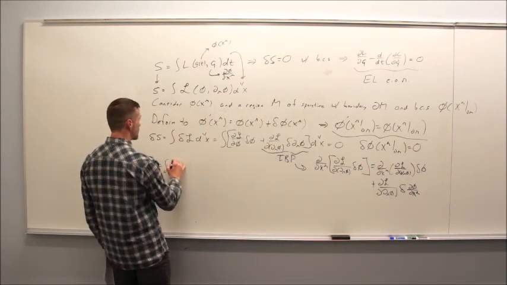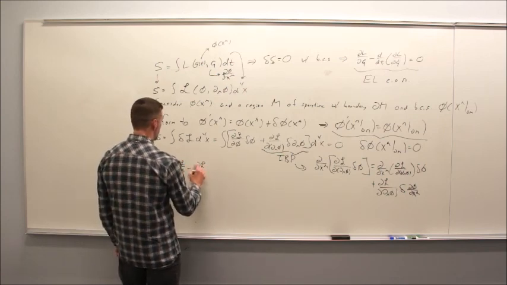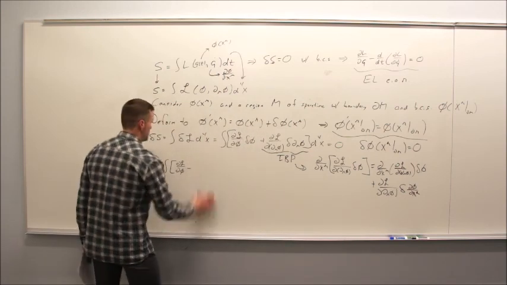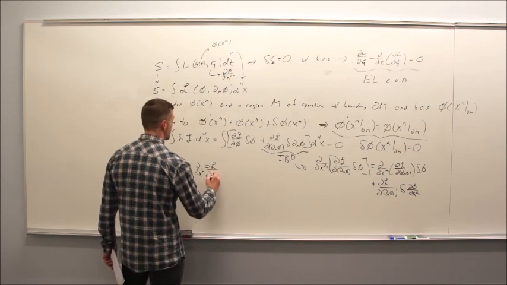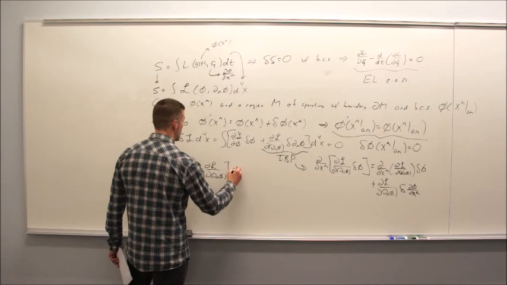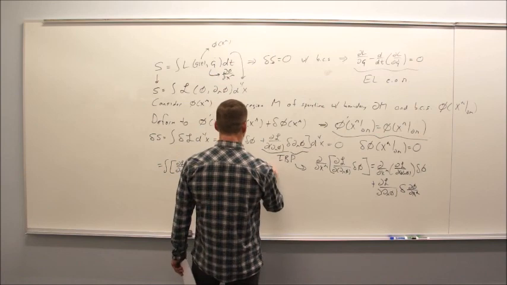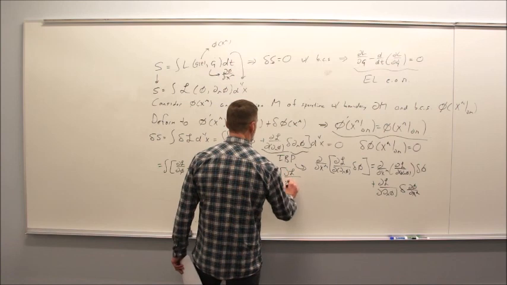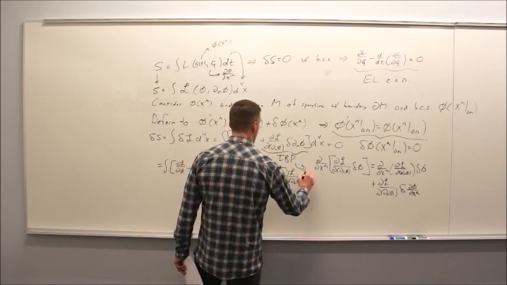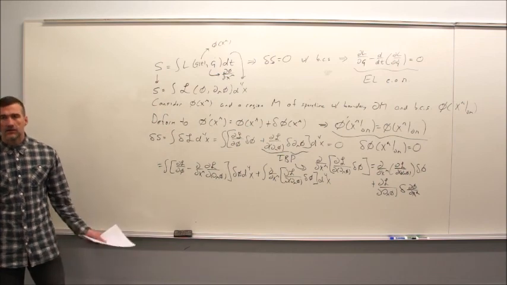And if I do that, what I find is that this is going to become the integral of partial L partial phi minus d by dx mu of partial L partial d mu phi, all times delta phi d4x, plus the integral of d by dx mu of partial L partial d mu phi delta phi d4x, also known as integration by parts.